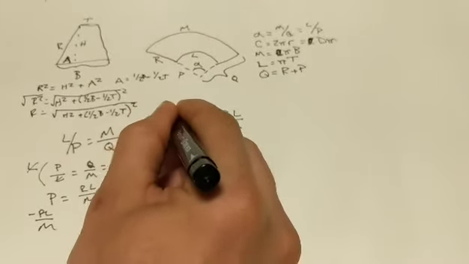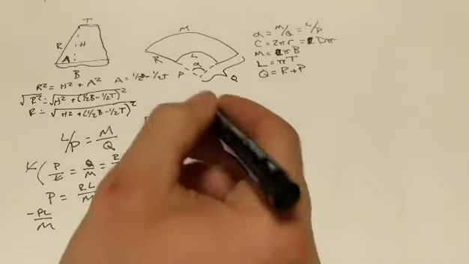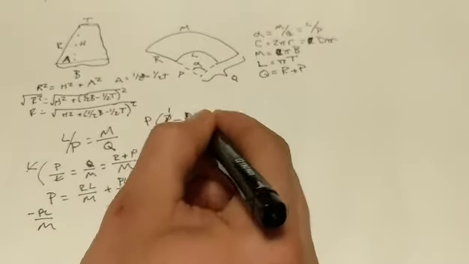Pull out a P, then this turns to 1 there, and then this P also turns to 1.